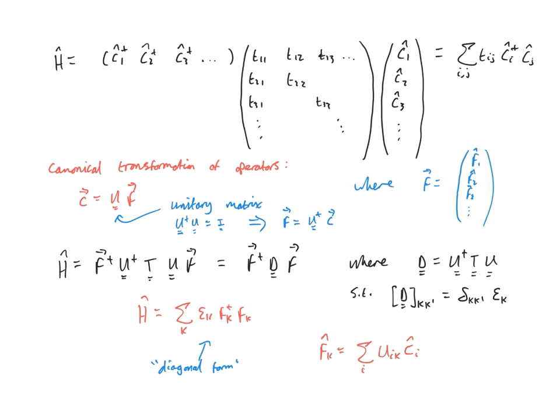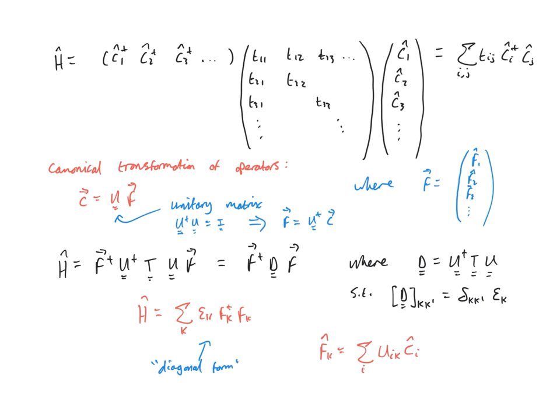The elements of this unitary matrix, which I've labelled UIK here, tell you about the amplitude of a given real space orbital I in the eigenbasis of K. So for a given orbital in the diagonal basis, K, with operator Fk, I can write that as a linear superposition of the single particle states in the original real space basis labelled by I, and the amount of each of those orbitals that arises in the diagonal basis is precisely this UIK.